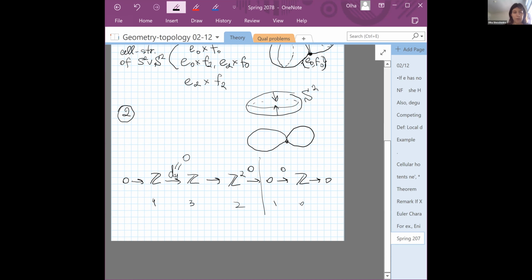Okay, what do you think? So I guess the question is, it's attaching to the 2 cells, and the construction made it sound like you look at the map where you quotient all the wedge of the 2 cells. So what's the degree of S2 mapping to this wedge, is the question, right?